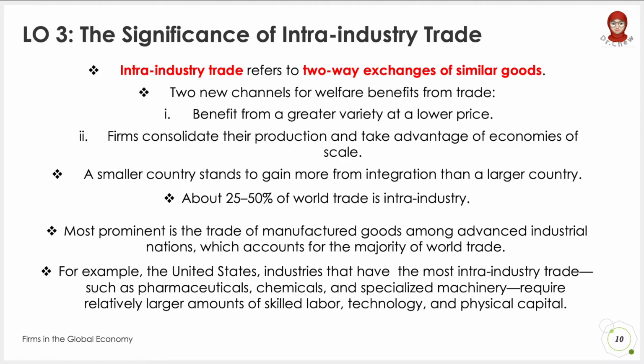Intra-industry trade plays an even more prominent role in the trade of manufactured goods among advanced industrial nations, which account for the majority of world trade. For example, the United States. Industries that have the most intra-industry trade are pharmaceuticals, chemicals, and specialized machinery, which require relatively larger amounts of skilled labor, technology, and physical capital.